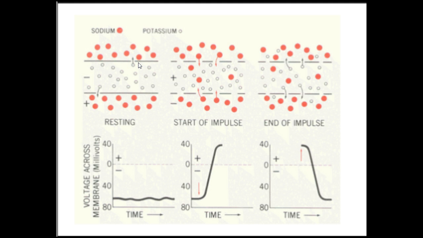So what happens is the neuron will receive a neurotransmitter that tells it to open up its sodium channels. A few sodium ions will come into the inside of the neuron, and when they do, it makes it more positively charged.